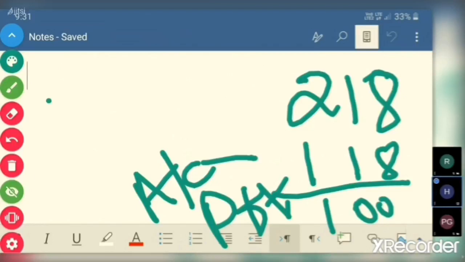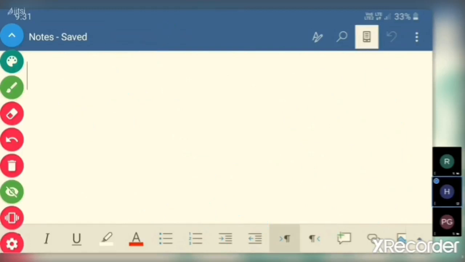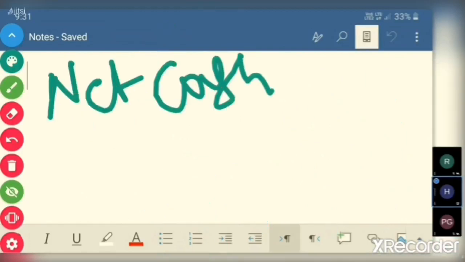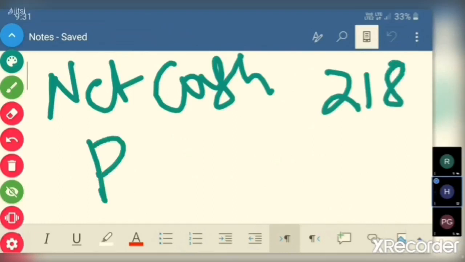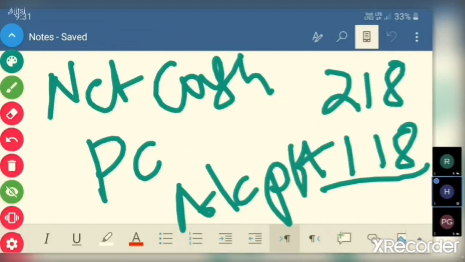This is the VAT concept. Net cash left is 218, purchase cost is 118, accounting profit is 100.